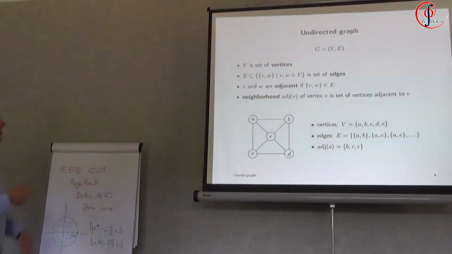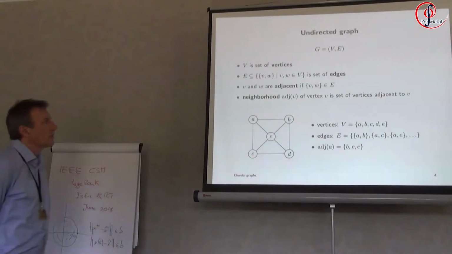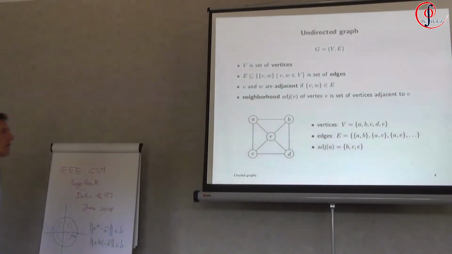If two vertices are connected by an edge, they're adjacent. We'll use this notation for the neighborhood, or the adjacency set, of a vertex. It's all the vertices adjacent to V, and sometimes we will use the term closed neighborhood for the neighborhood plus the vertex V itself.